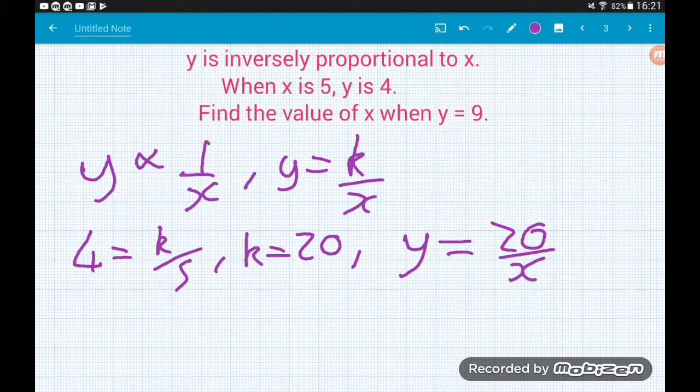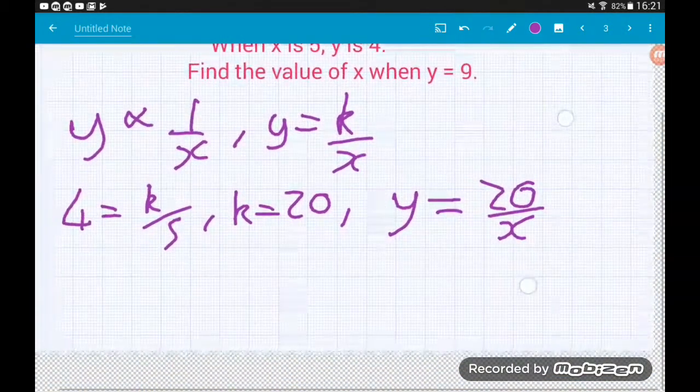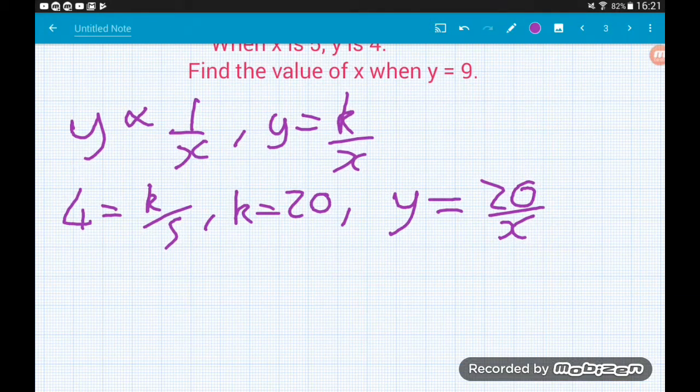And now we can do the third part of the question: find the value of x when y equals 9. Now that we've got our shiny new formula linking our two variables together, we can use it to find the value of one variable when we know the value of the other.